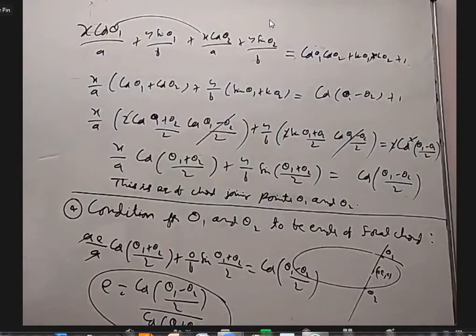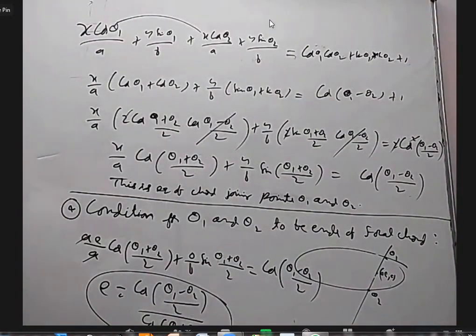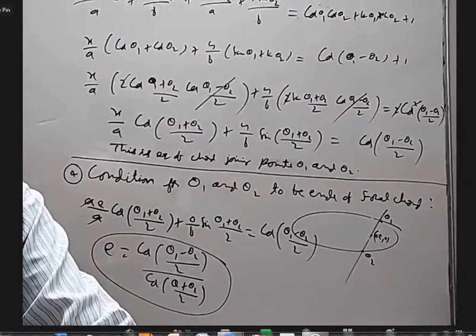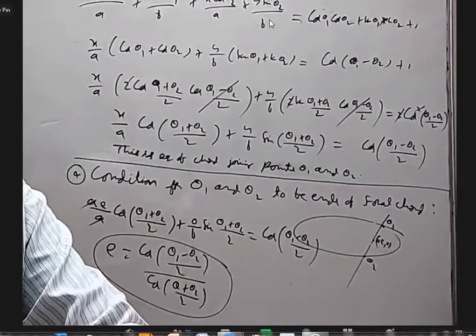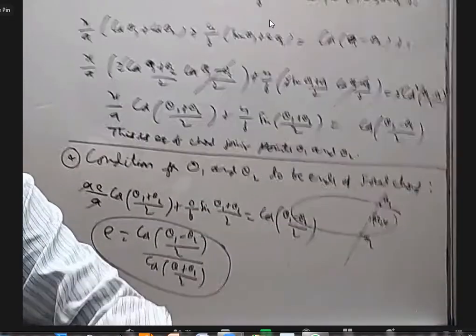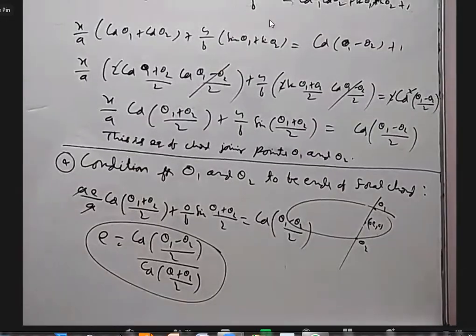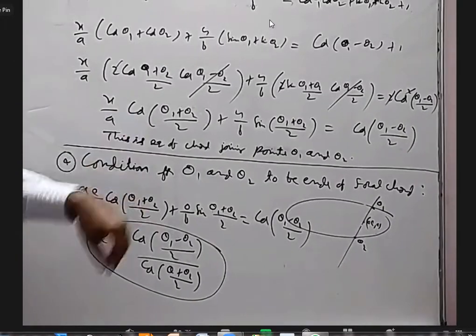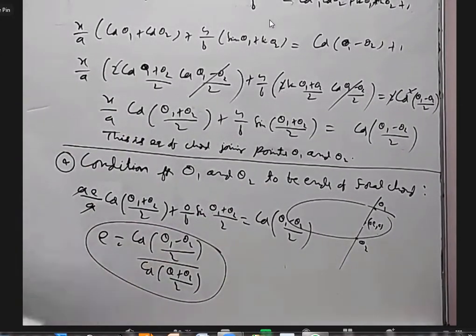This is a condition. Sorry, you cannot see the bottom. Just take the chord joining theta 1, theta 2, substitute A comma 0, you will get E.